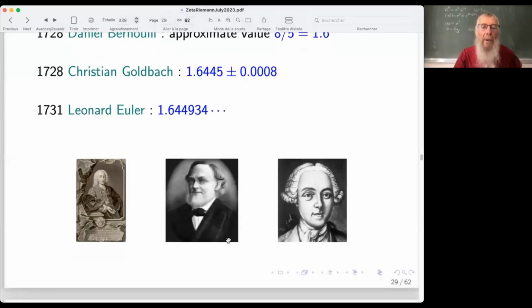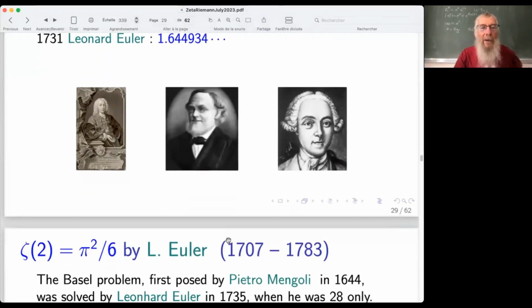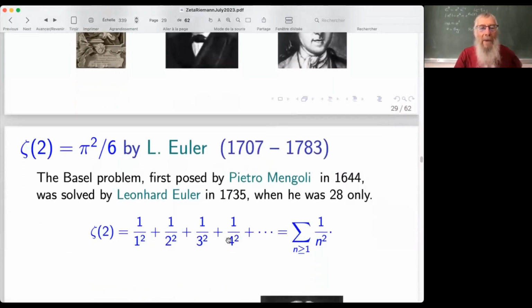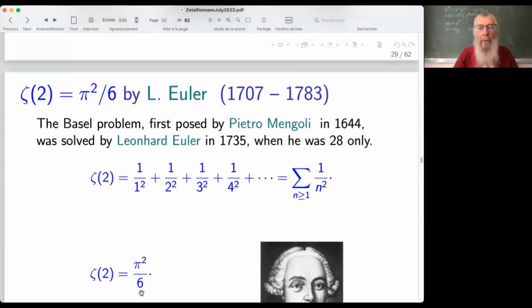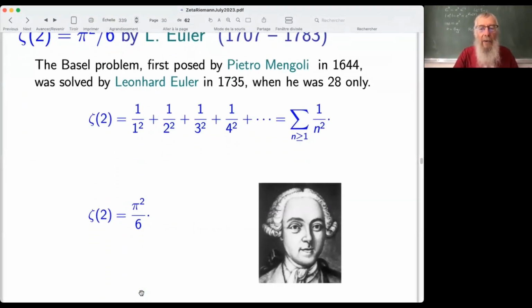So there was a lot of activity around this problem. And it is in 1735 that Euler finally found the exact value, which is pi squared over 6. And Euler became famous at that time because it was a famous open problem, and he was only 28 years old.